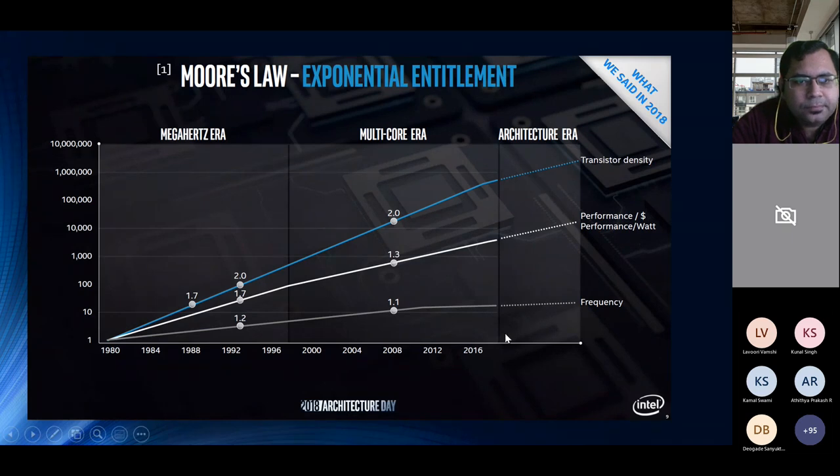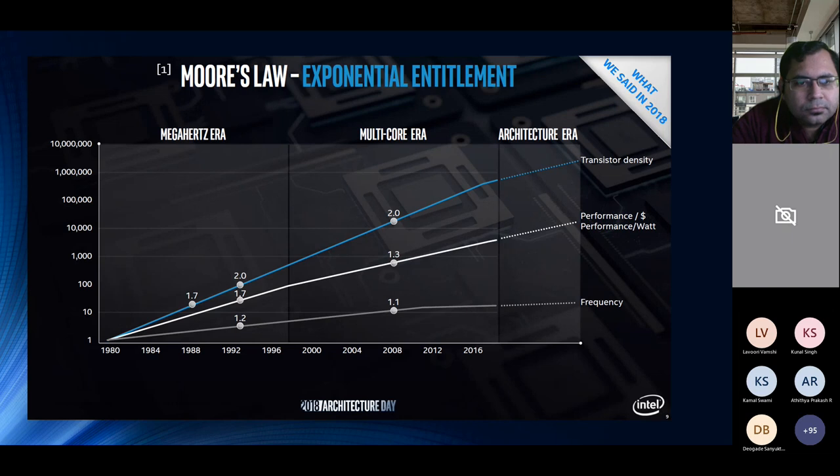So this is what we have seen over last several years or several decades. A lot of these PPTs are actually taken from Intel Architecture Day slides. So Moore's law gave us something called exponential entitlement.